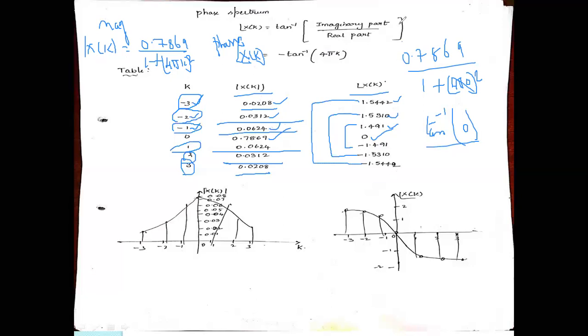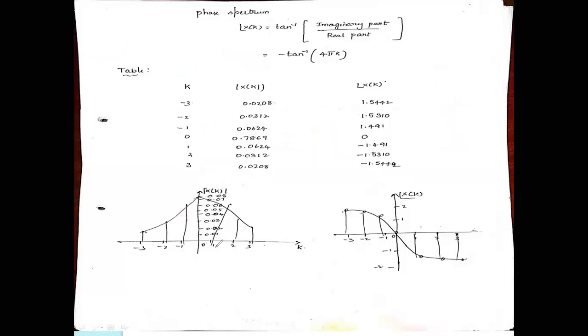Using these values, you plot a graph, my dear students. At zero, what is the value? 0.7869, okay, my dear students.